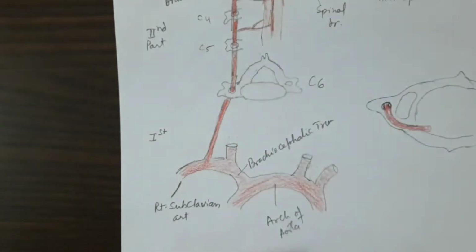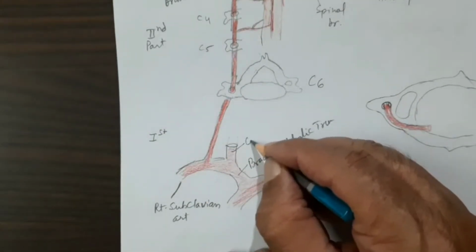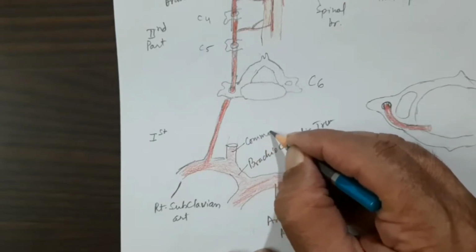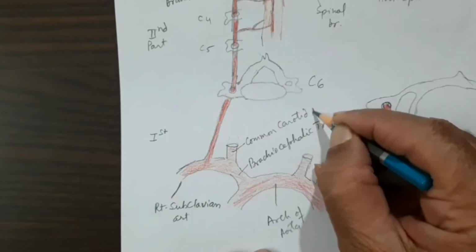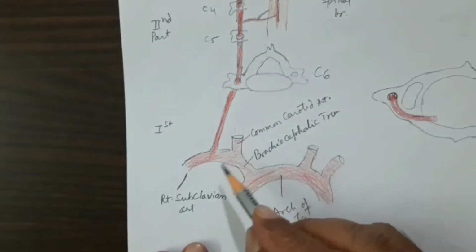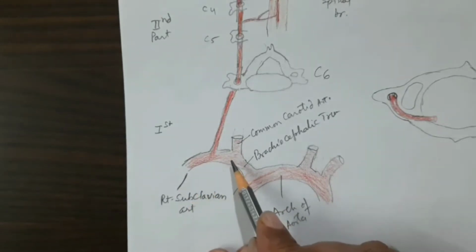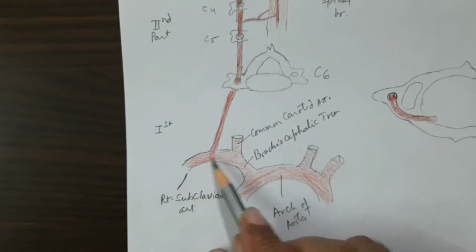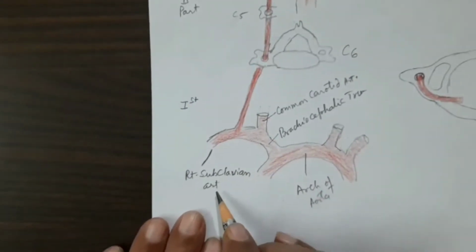One will ascend up into the neck, within the carotid sheath, and it is the common carotid artery, which will then run within the carotid sheath. Then the other terminal branch taking origin here is the right subclavian artery.